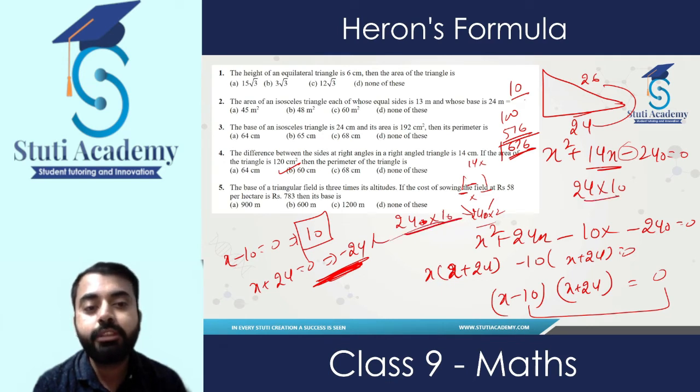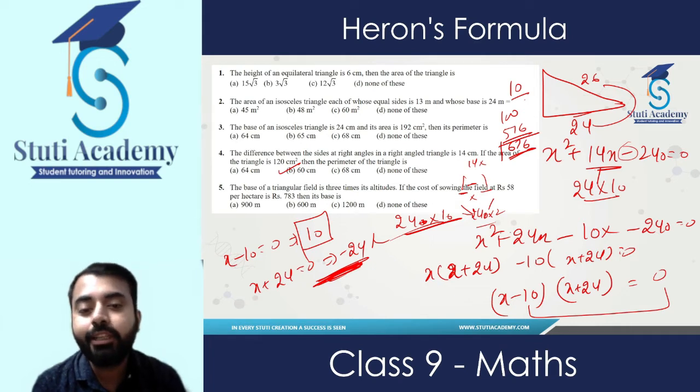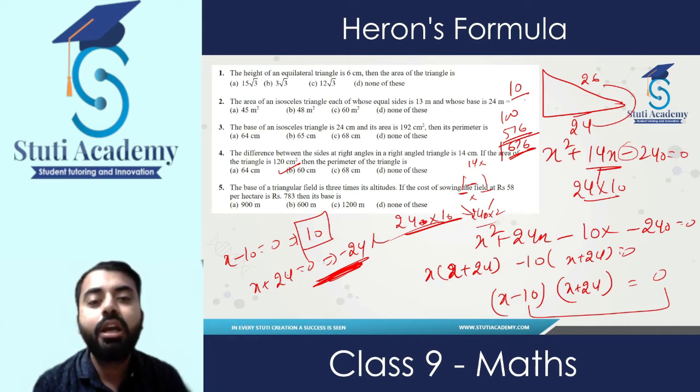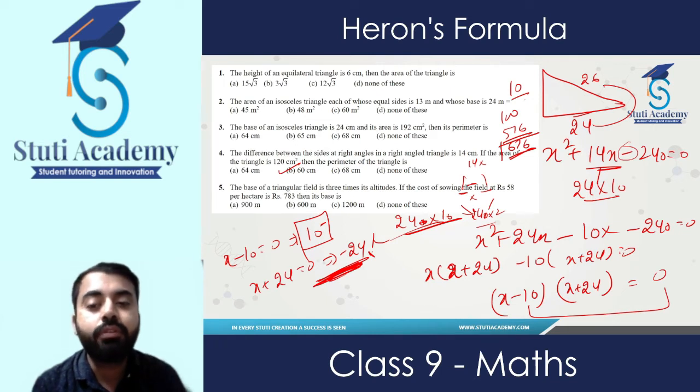Like 24 minus 10 was 14, 24 into 10 was 240. After factorizing my equation, I got two values of x: one was 10 and another was negative 24. I knew I cannot take negative 24.